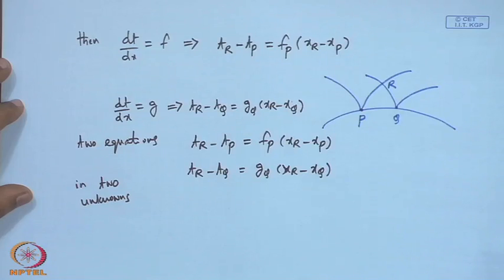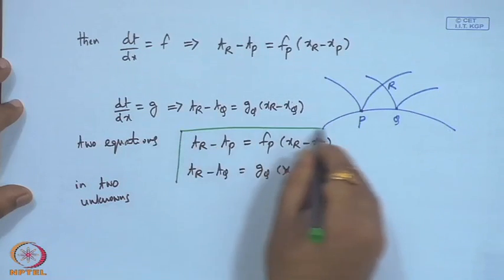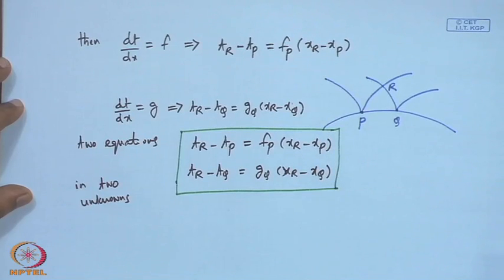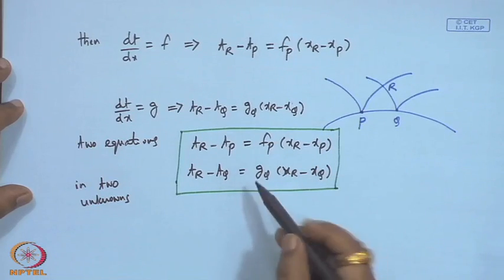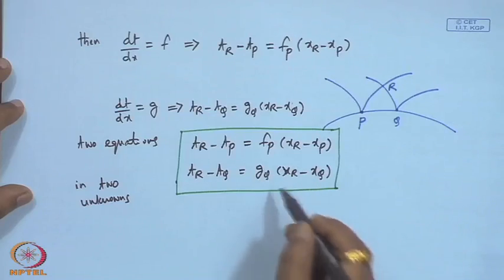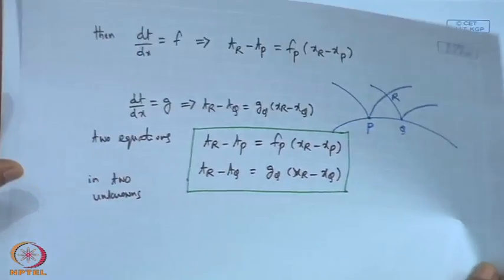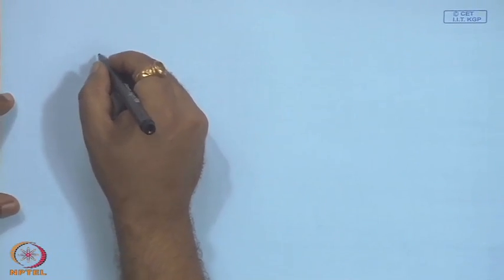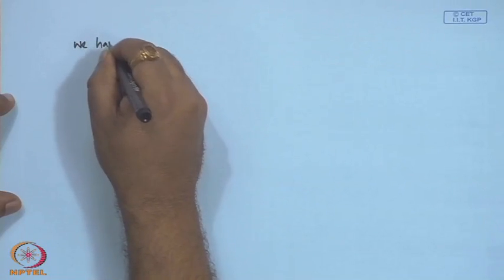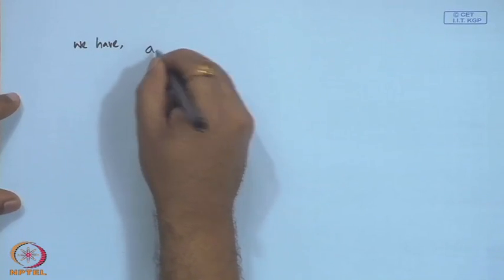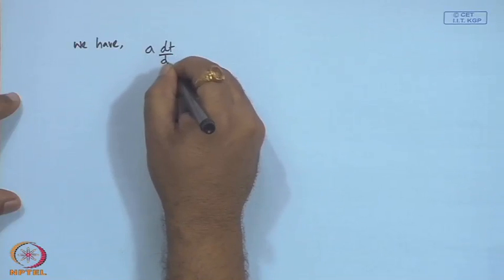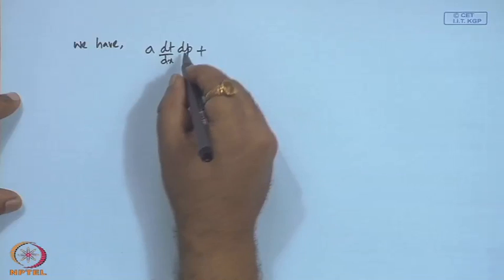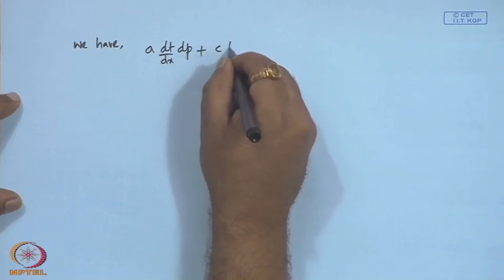So, this interpolation gives the point r. Once we have the point, we get the solution there. How do we do that? We have to make use of the second relation. So, we have a dt by dx dp. These are small p's, please do not get confused with the point. These are the first derivatives.